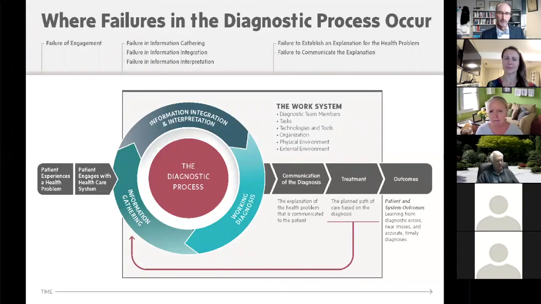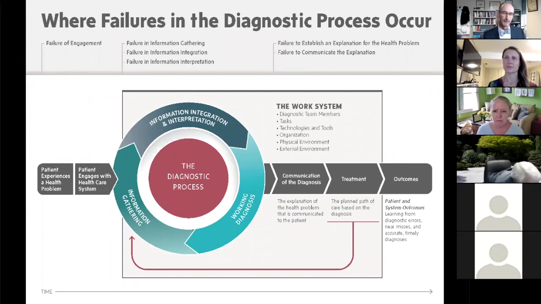So here's a nice overview of the diagnostic process, and I'll quickly walk through this first, and then we can talk about how the process can fail. In the figure, on the far left, the beginning, of course, is a patient who's experiencing a health problem and then engages with the healthcare system. Then there's this circle of the diagnostic process where information is gathered from the patient and from the record, integrated and interpreted, and a working diagnosis is made.